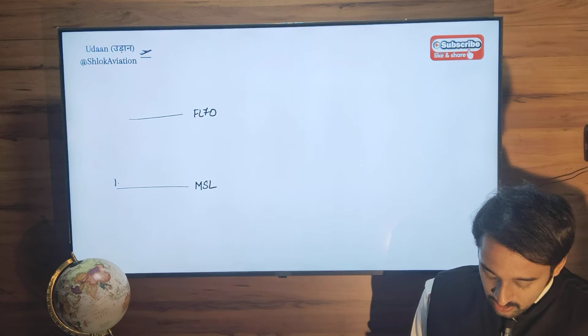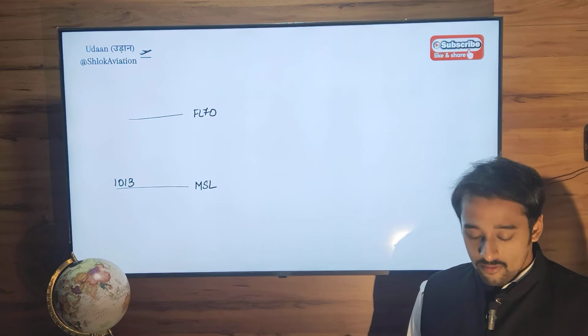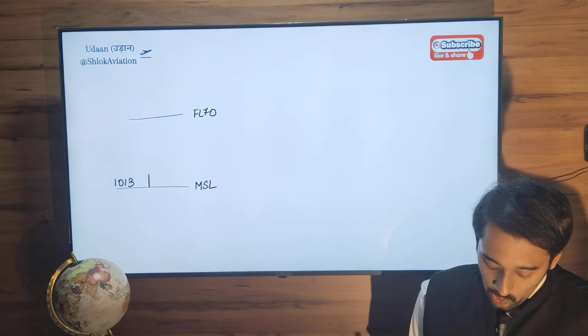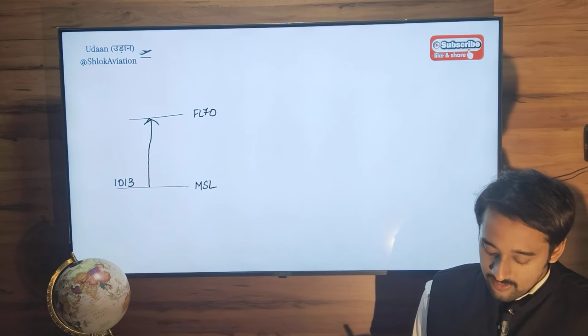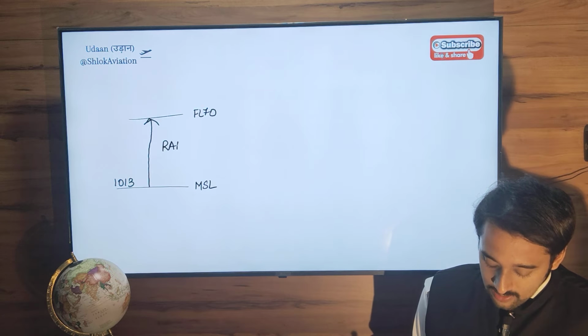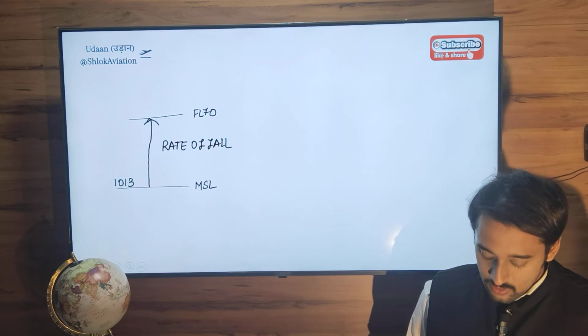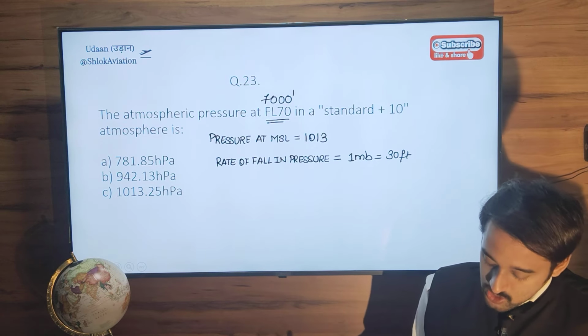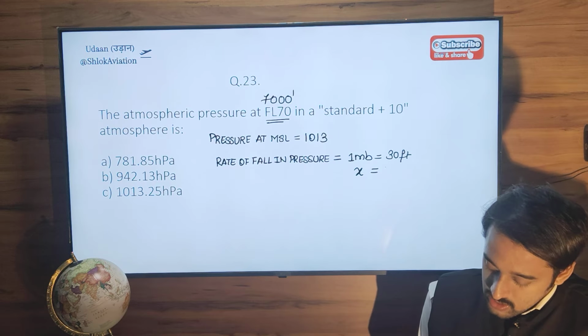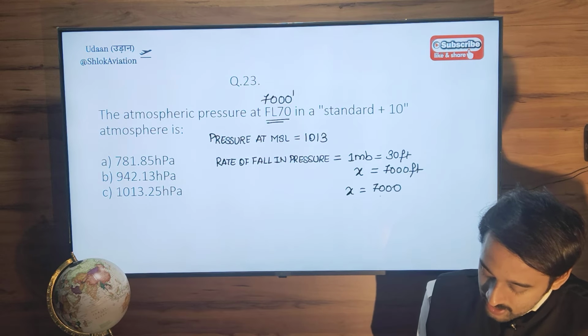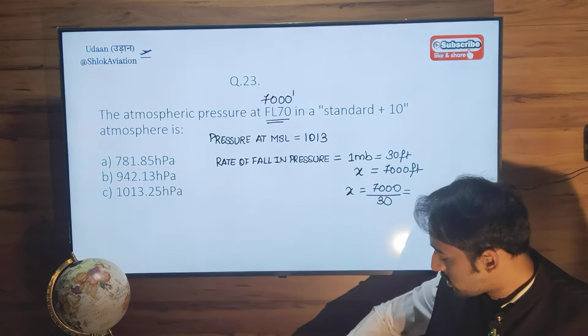I know mean sea level pressure is 1013. We must know how much the pressure will fall from mean sea level up to flight level 70. So x equals 7000, the difference between them, divided by 30, is how much?